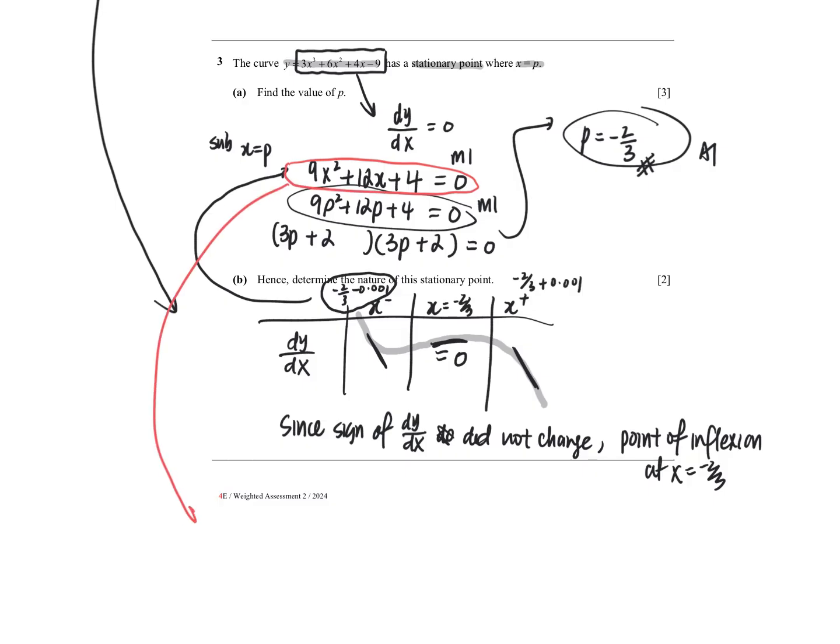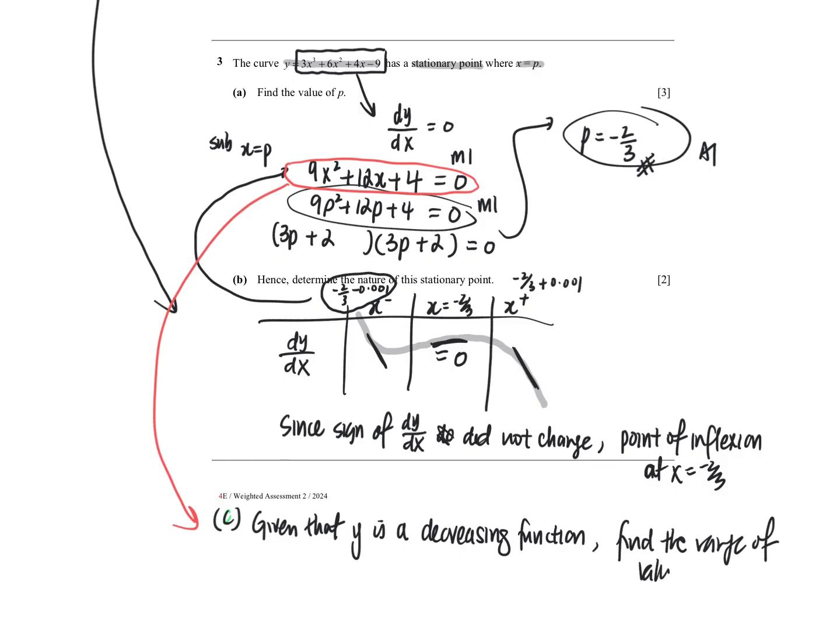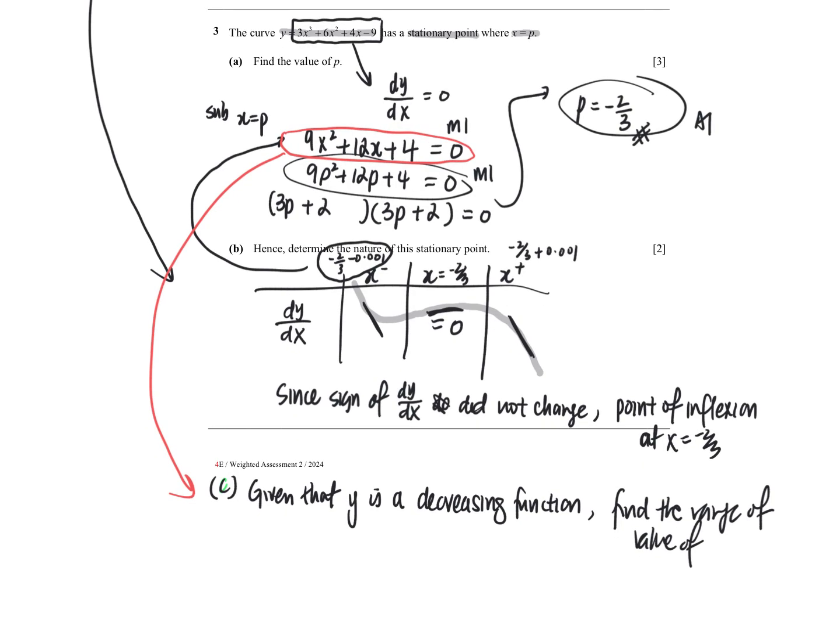So assuming there's a part C, and I say that given that y is a decreasing function, can you find the range of values of p?